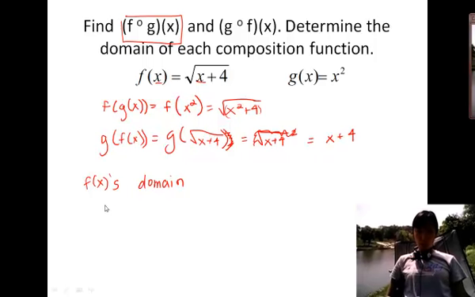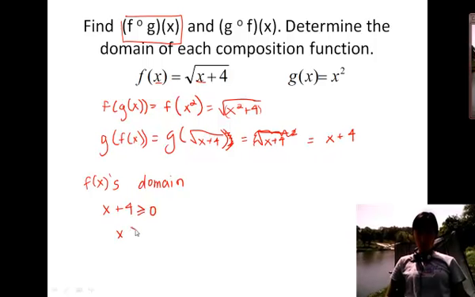So remember, watch out for those radicals. If we ever have a radical that's an even root, we need to have values underneath it that are greater than or equal to 0. So when we solve for this, x has to be greater than or equal to negative 4. So I'm going to write that in our proper notation that we're getting used to. I'm going to include negative 4.